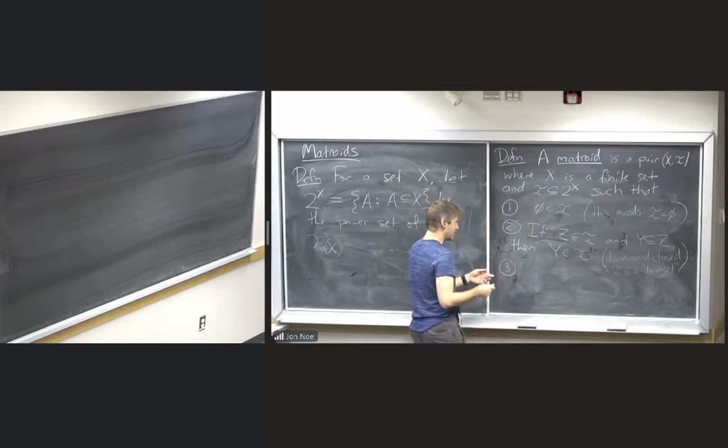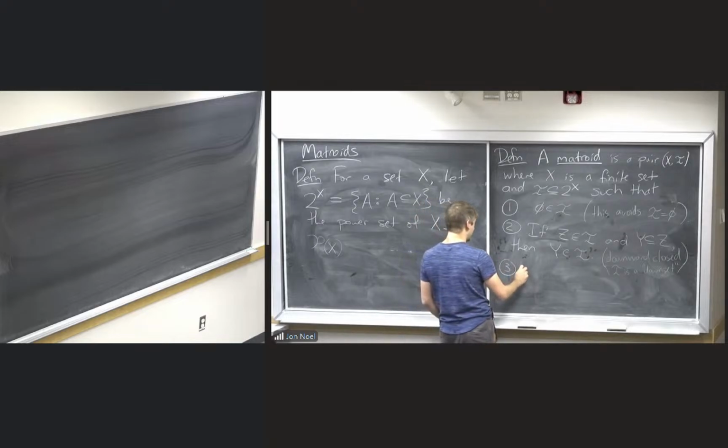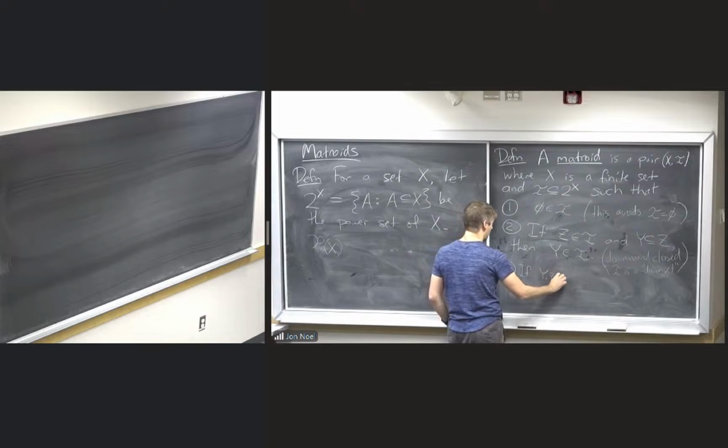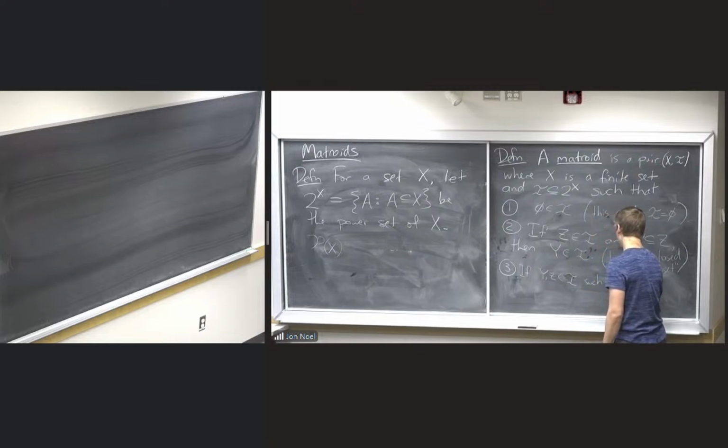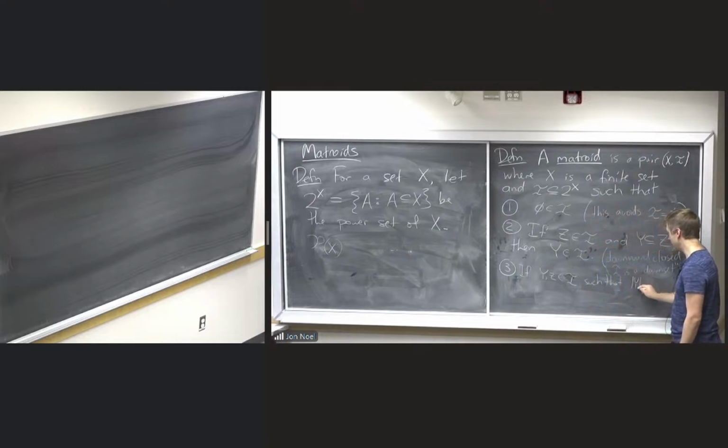The third condition is the actually interesting one. It says that if you have two things, Y and Z, that are in I, such that the size of Y is less than the size of Z, so I've got two things in the family and one is bigger than the other, then the key condition is that there should be something in Z but not in Y that I could add to Y and still stay a member of the family.